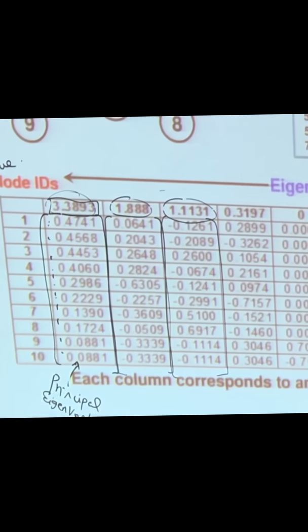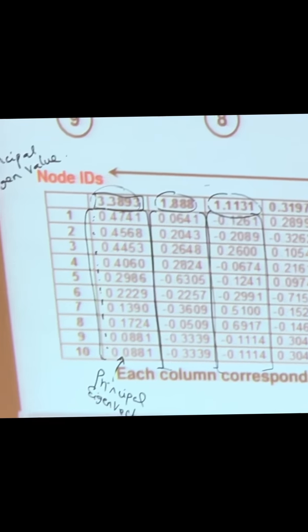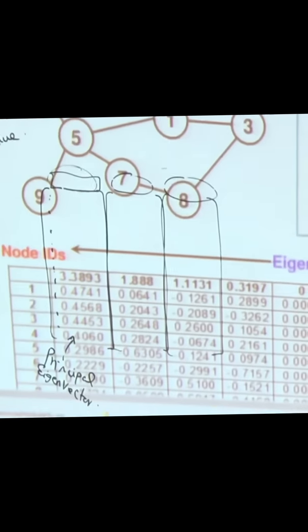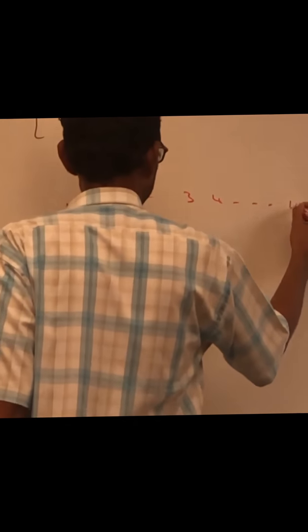And when you write the adjacency matrix for this graph, you use the vertex ID as the row index and column index, right? So you have the 10 vertices, 1, 2, 3, 4 up to 10, and then 1, 2, 3, 4 up to 10.